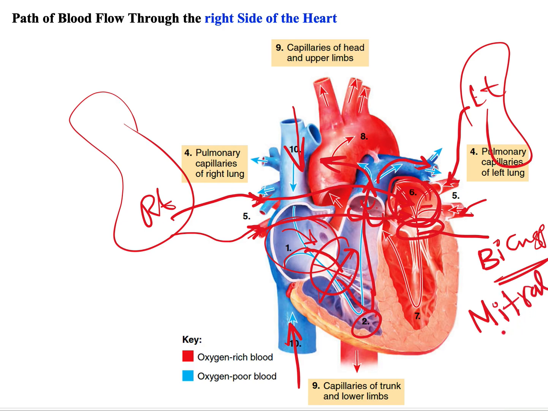And if I want to ask you in the exam, maybe I would use the mitral. So try all the time to use mitral, but you have to know that it's the bicuspid valve. It's also known as the left atrioventricular valve, because this is the right atrioventricular or tricuspid valve, and this is the left atrioventricular valve, known as the bicuspid valve and also known as the mitral valve.